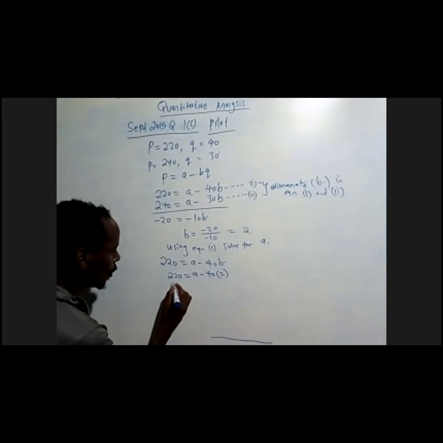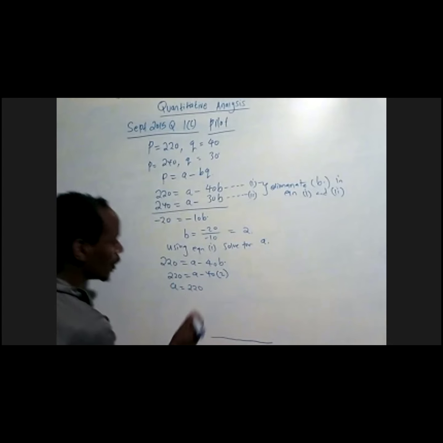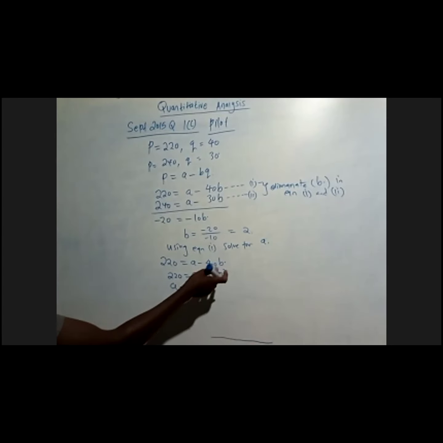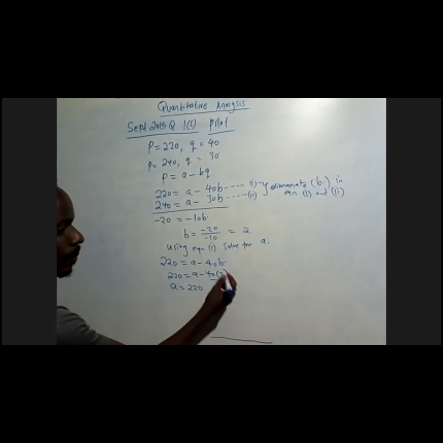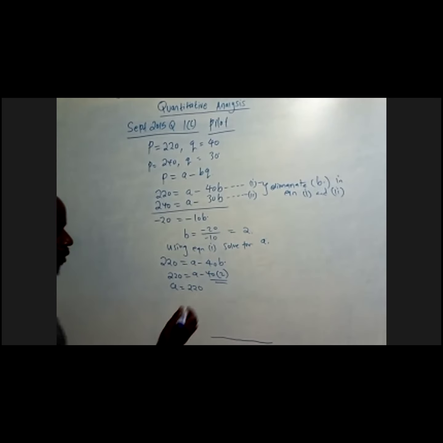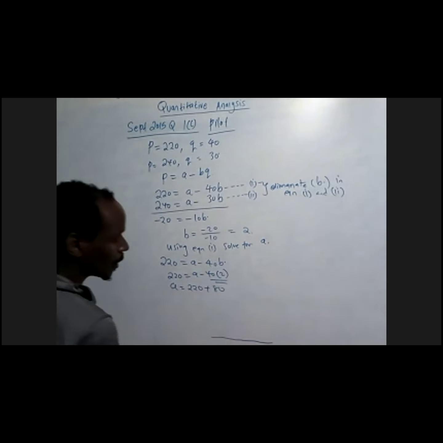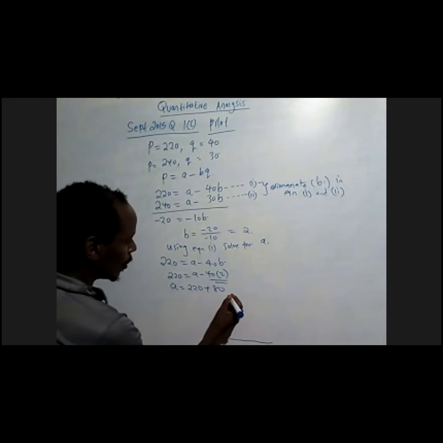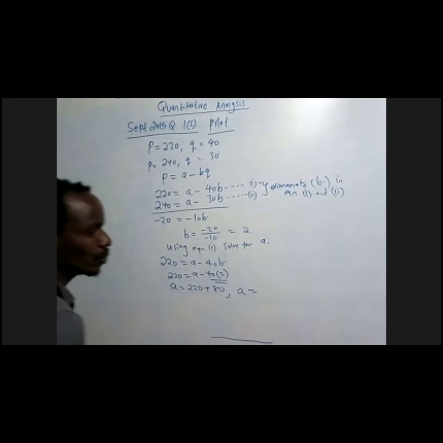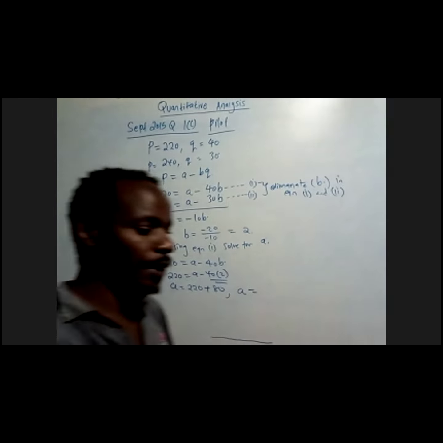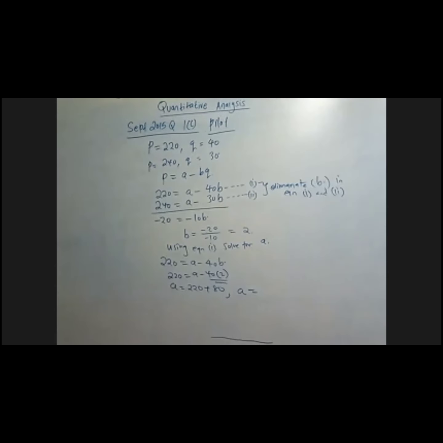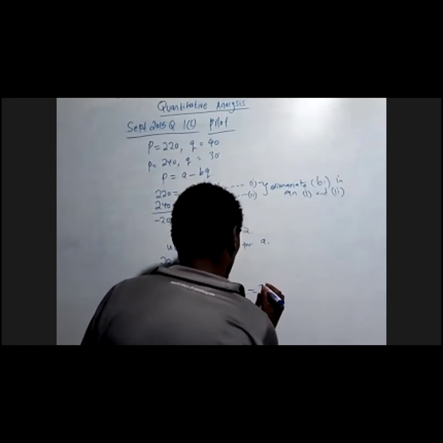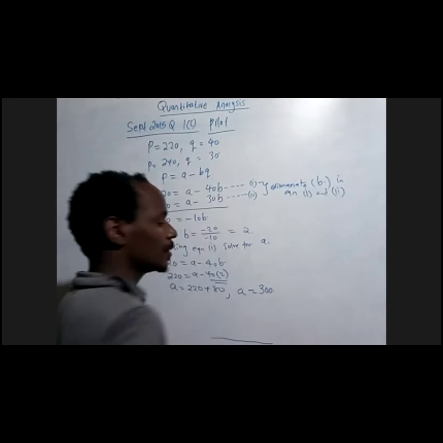A will be equal to 220, then let us bring this item to the other side, so it will be plus 80. Now our a will be equal to 220 plus 80, that is 300.